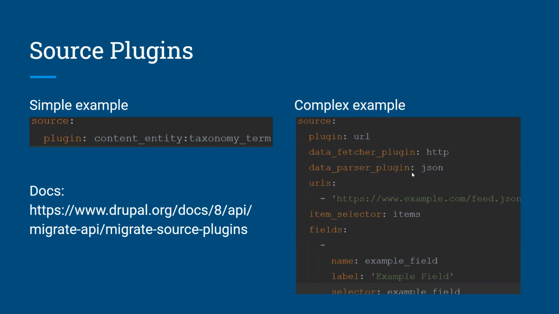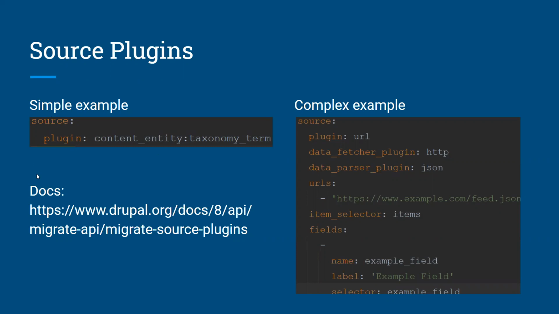This is also specific to Migrate Plus, and then parse the data using JSON. When it reads in that JSON, it will look for an items key within the JSON array, and then I give it a bunch of fields that I want to have available to me for processing within the migration. The list of fields goes on and on for a little while in the actual file.